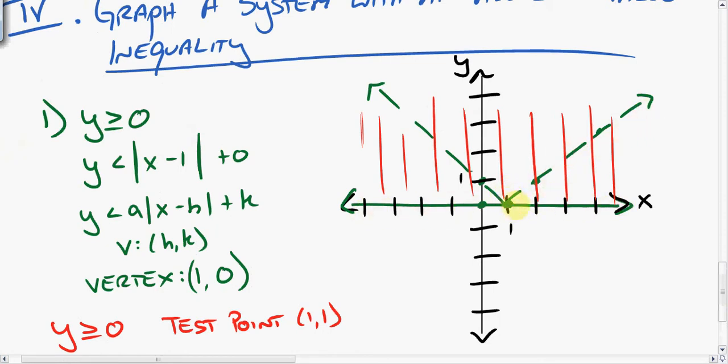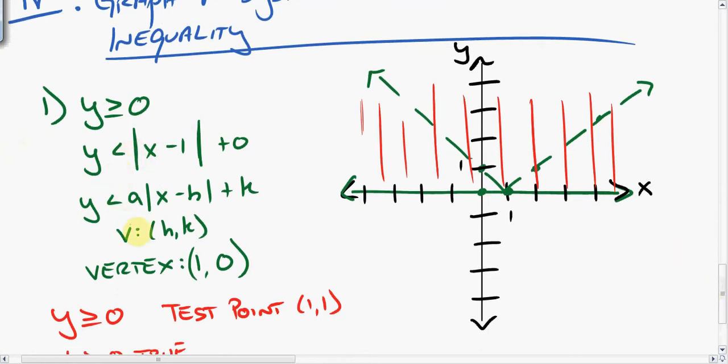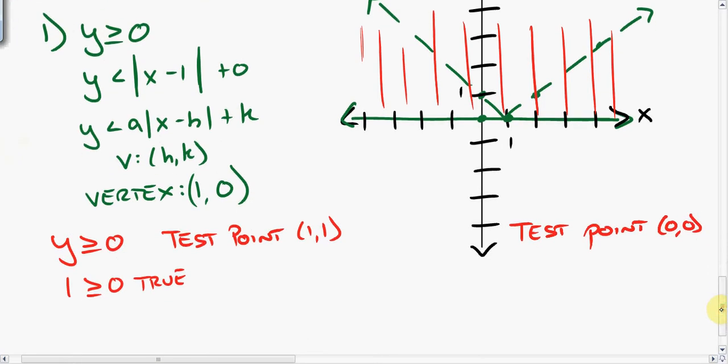Now I have to decide what I'm going to shade with my V. Am I going to shade inside the V or outside the V? We can tell by plugging in 0, 0 for this, because the V does not hit 0, 0. So I can use that as my favorite test point. Test point here, 0 comma 0. I've got y is less than the absolute value of x minus 1.